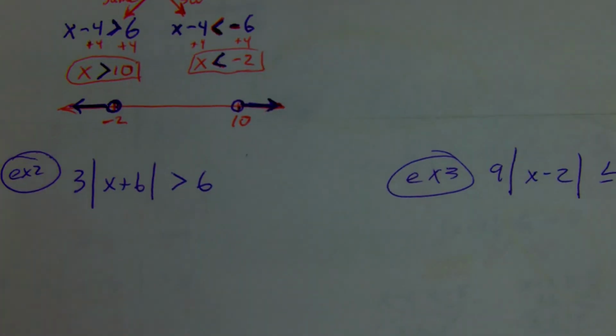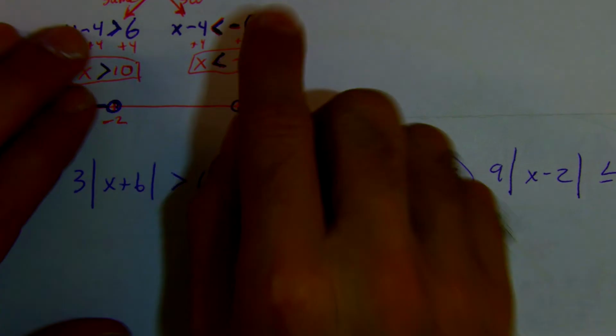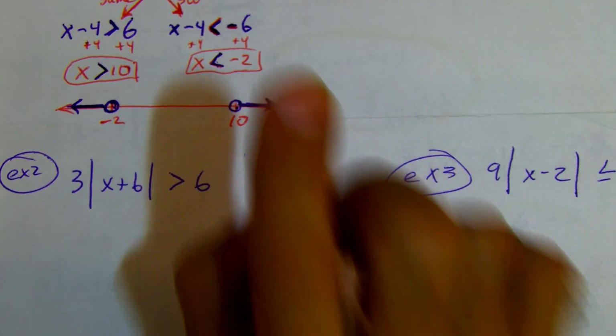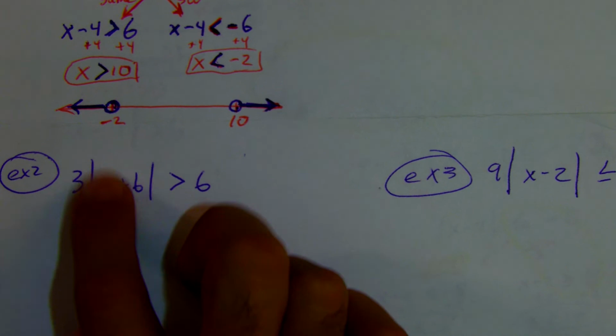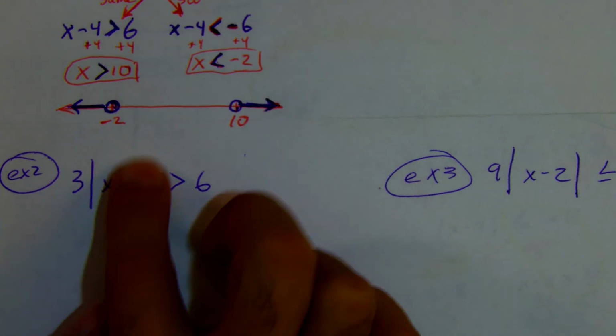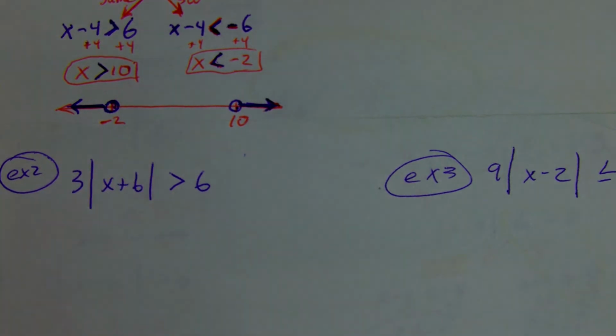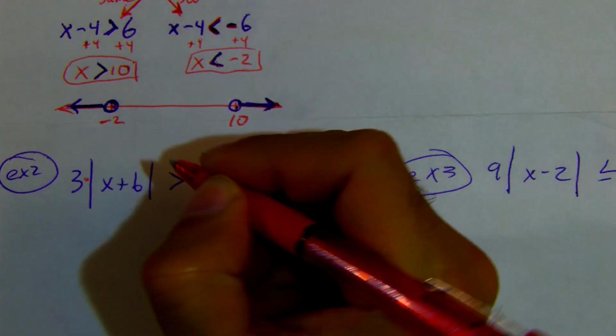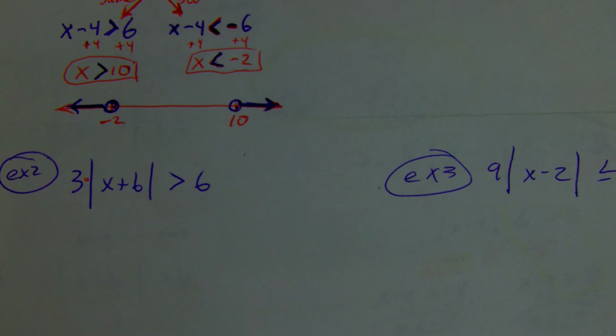But here's our second one here. And I'll let you know that you can only do the branches after you have isolated your absolute value. So we have to get rid of this 3. It's 3 times that absolute value. So what should we do first instead of multiply? How do we get rid of that 3? Anybody?